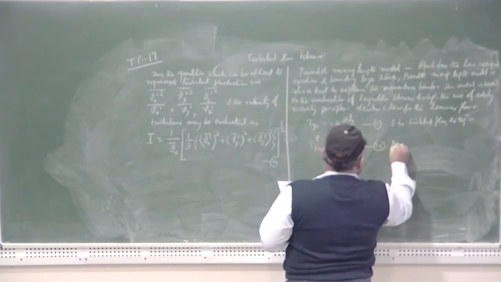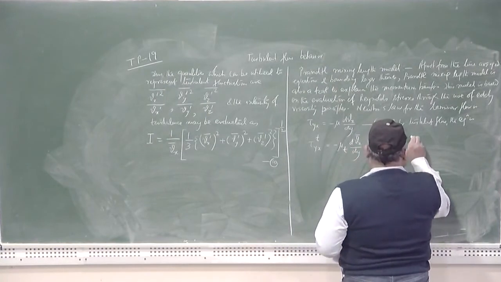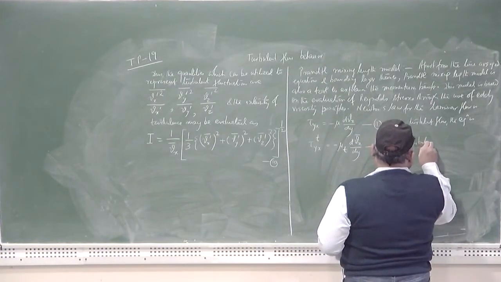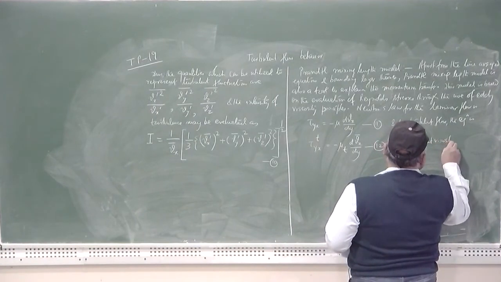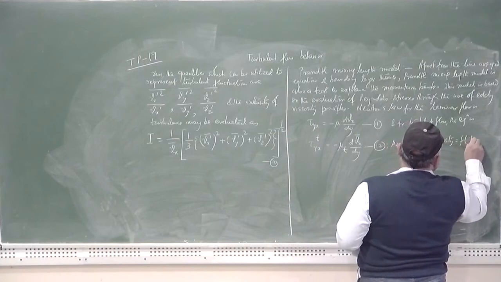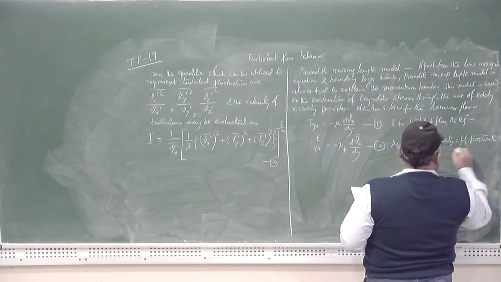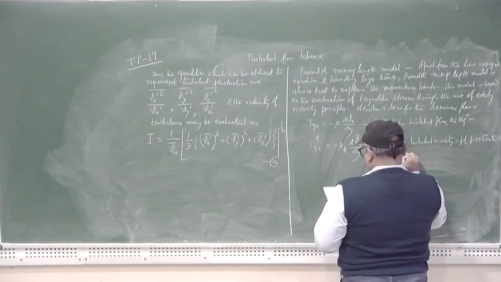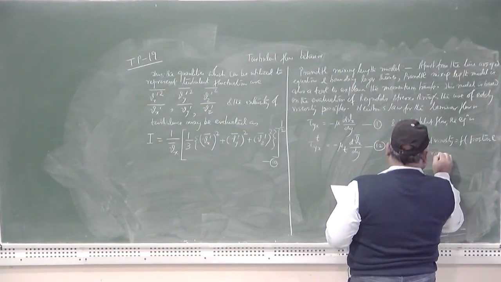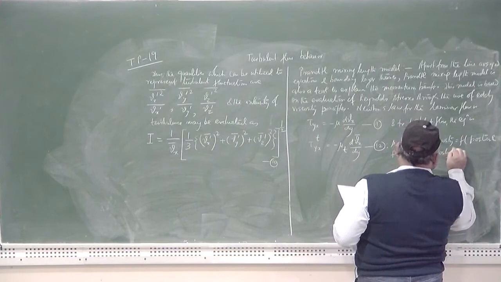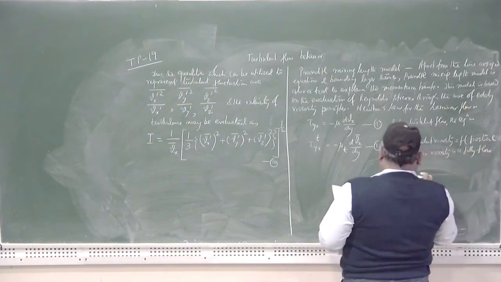Here mu t is called the turbulent viscosity, and this is a function of position and flow, whereas viscosity is a fluid property.